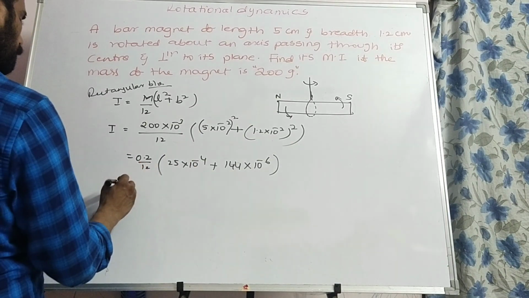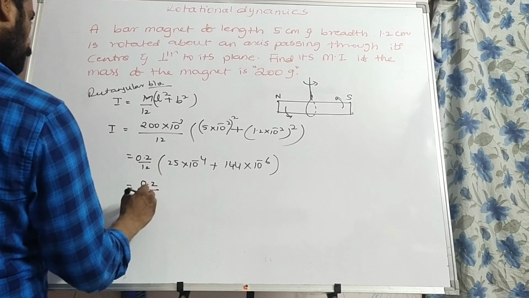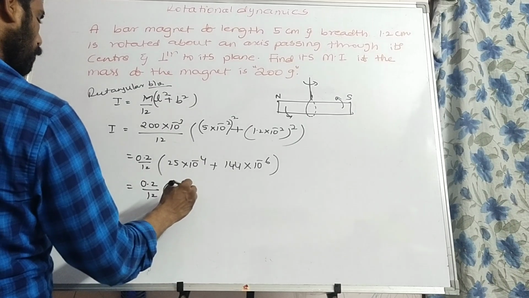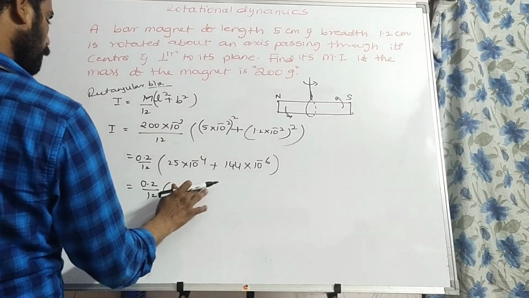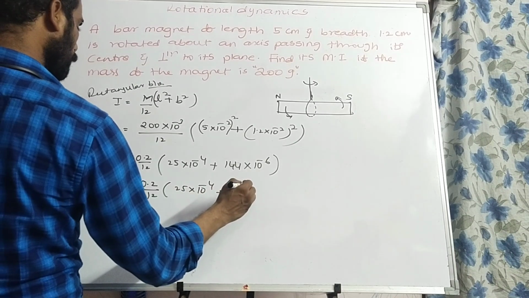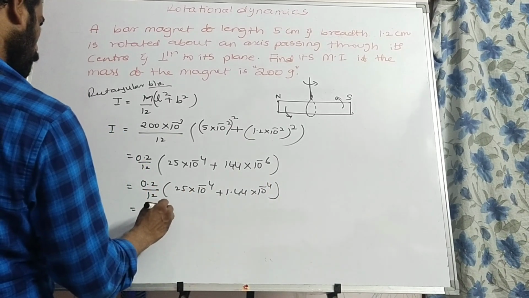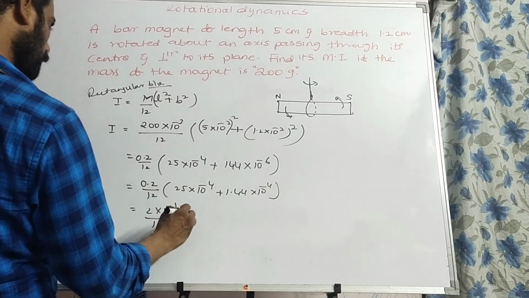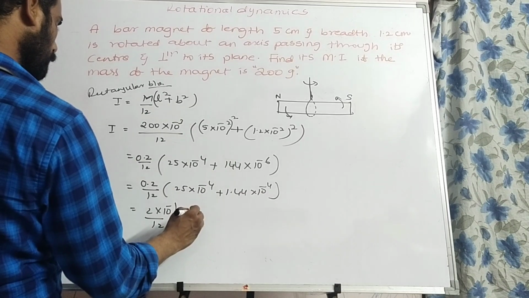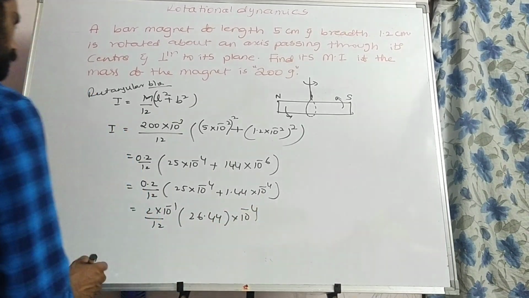That is equal to 0.2 by 12 into 25 into 10 power minus 4 plus 1.44 into 10 to the power of minus 4, that is 2 into 10 to the power of minus 1 by 12 into 26.44 into 10 to the power of minus 4.